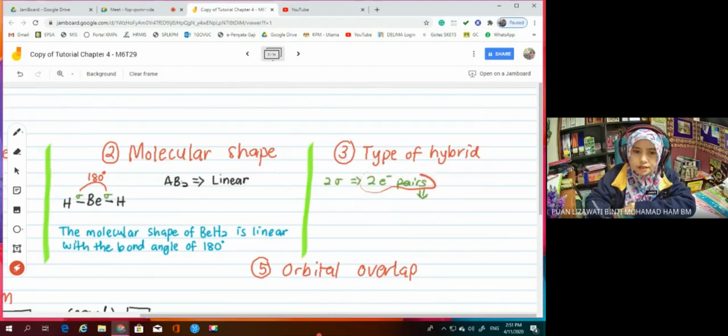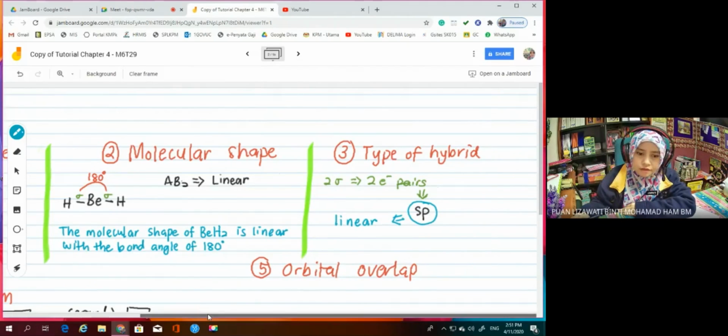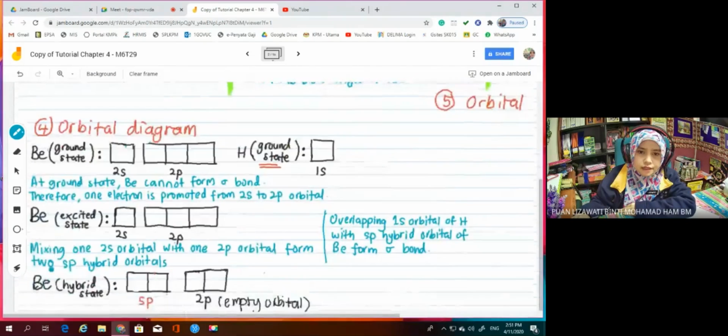So the type of hybridization is sp hybrid orbital, which contains two electron pairs arranged according to linear shape. Step number 4, we have to draw the orbital diagram.